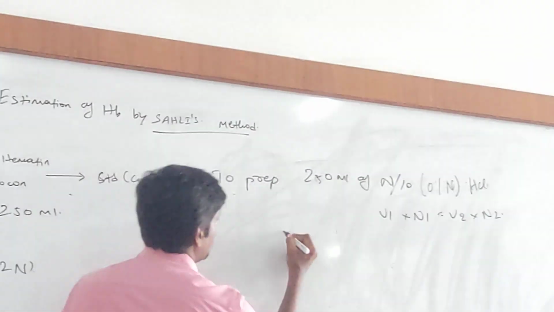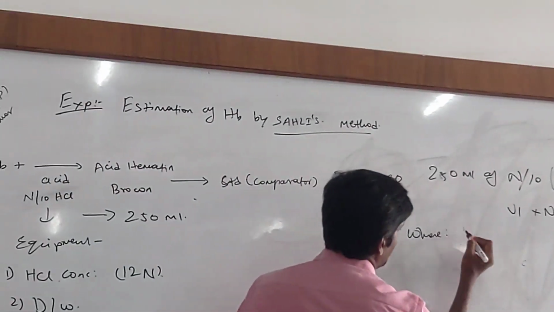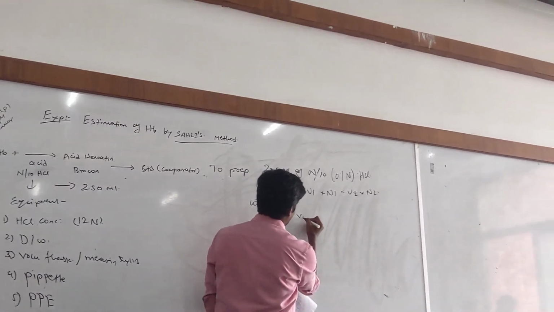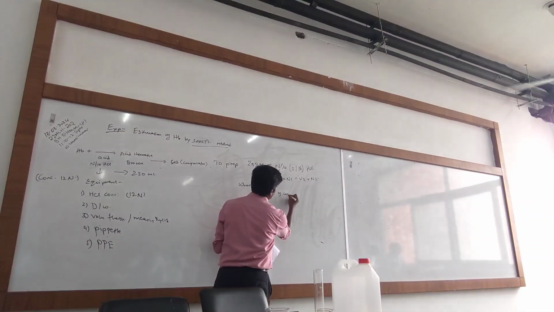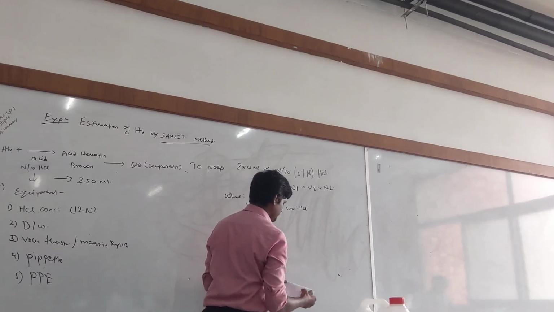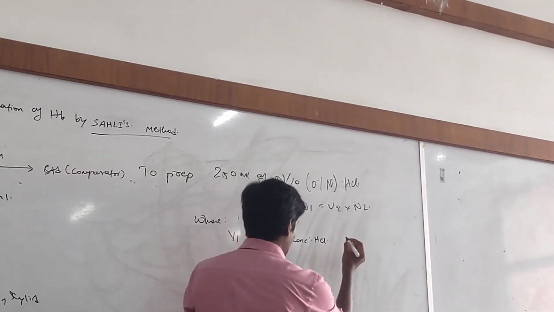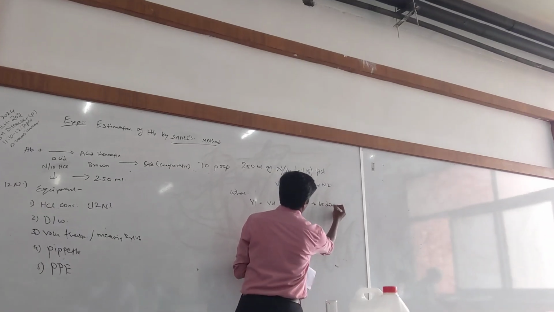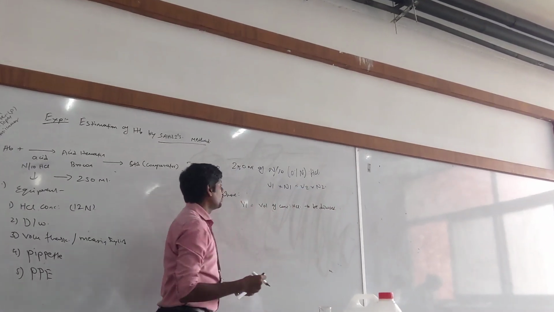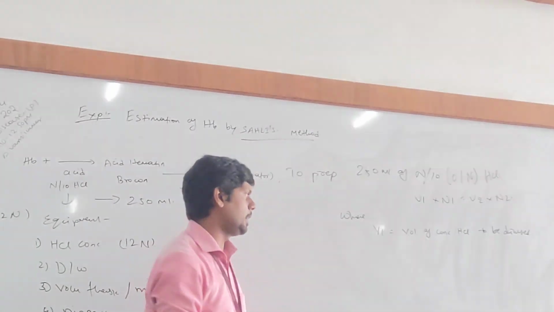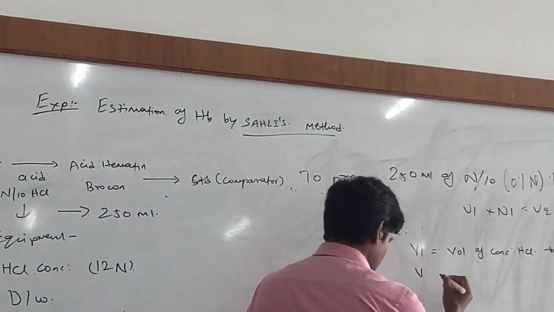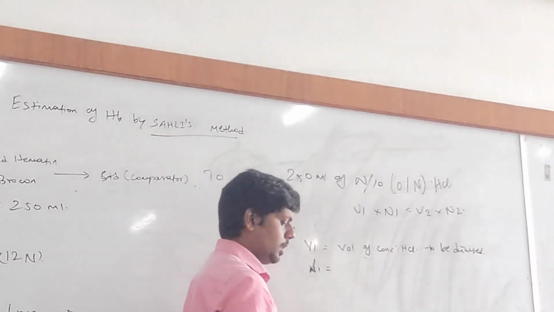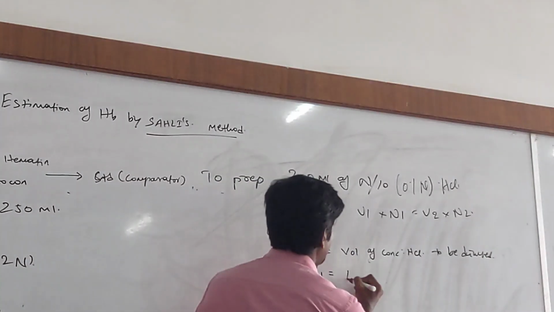That means V1 equals the volume of concentrated HCl to be diluted. N1 stands for the normality of concentrated HCl.